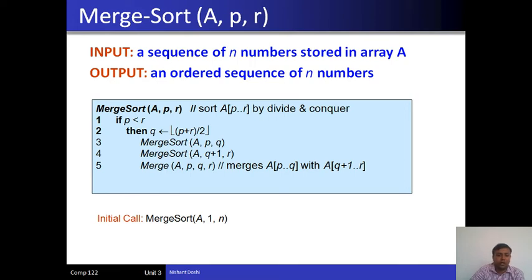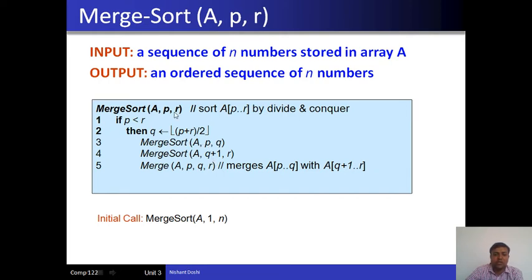Out of these 5 lines, line numbers 3 and 4 are recursion calls, while lines 1, 2 and 5 are the iterative parts. So the complexity of 1, 2 and 5 combined is big O of n. For 3 and 4, we have to check the size of the array in both the calls.